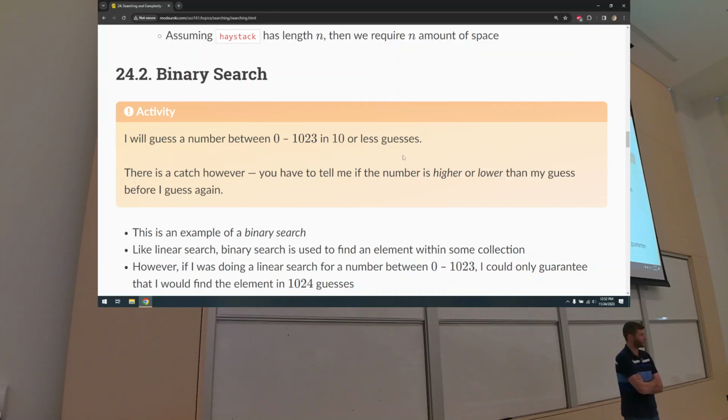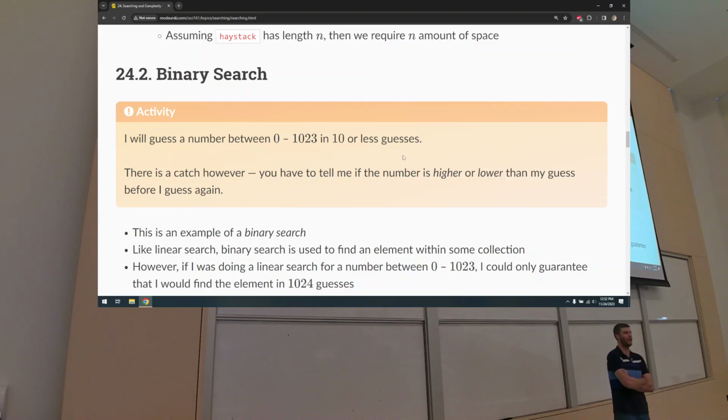With a linear search. 1000, all of them, yeah, all 1024. We include 0. But with a binary search, I was able to do it in 10 guesses, right? Actually, I did it in less, but I'm guaranteed to get it in 10.